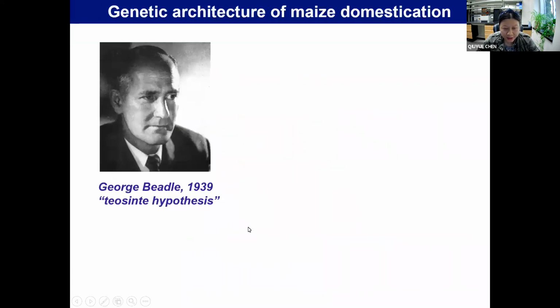So what did the genetic architecture of maize domestication look like? In 1939, George Beadle, the Nobel Prize winner of one gene, one enzyme, put forward the teosinte hypothesis, where he suggested that the origin of maize is from teosinte.